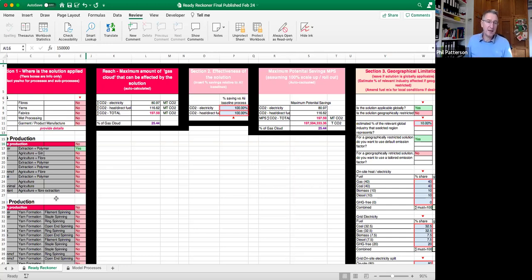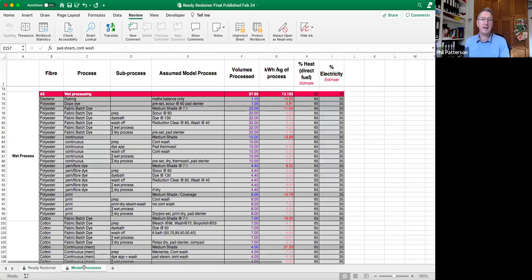And what we have in the appendix here to the Ready Reckoner, we've got all those model processes here, and we've also got the kilowatt hours per kg of the process, and we've got estimates of the heat and electricity.